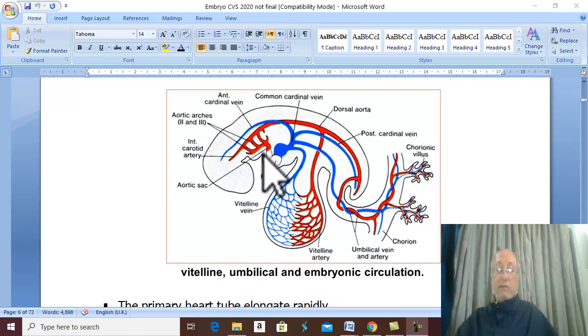This is the primary heart tube receiving the incoming 3 veins: common cardinal, from the placenta the umbilical vein, and from the yolk sac the vitelline vein. This is the incoming blood passing to the primary heart tube and out through the 2 dorsal aortae.